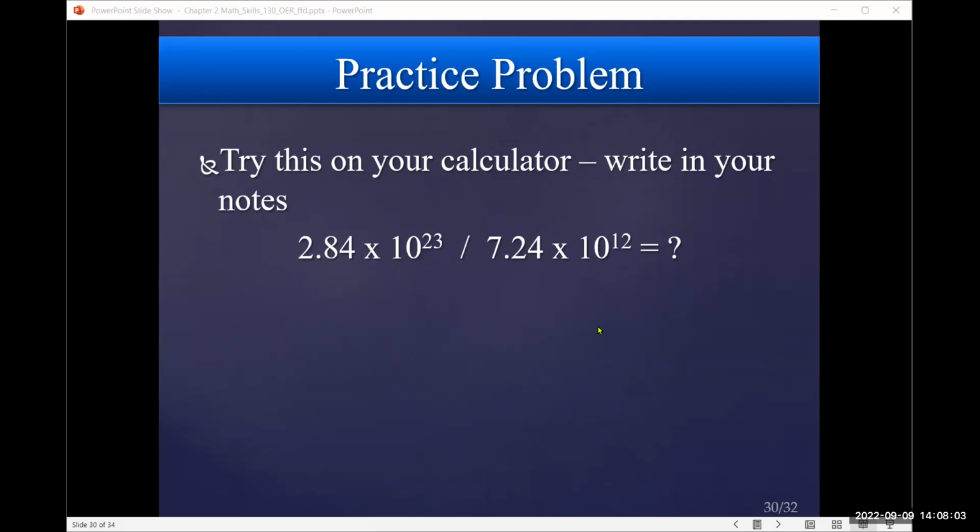Just use whatever you need to do the mathematics. In fact, if you're well versed in mathematics, you don't need a scientific notation calculator. If you're familiar with the division of exponents and so forth, that's fine too. But if you're not, then obviously you need the calculator.